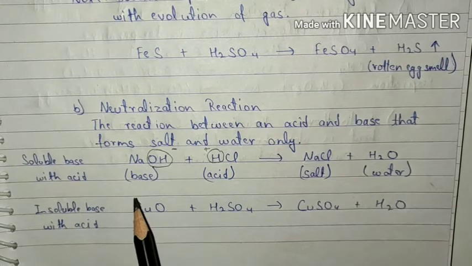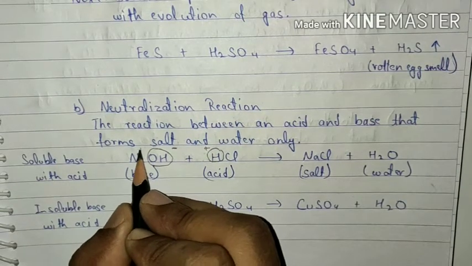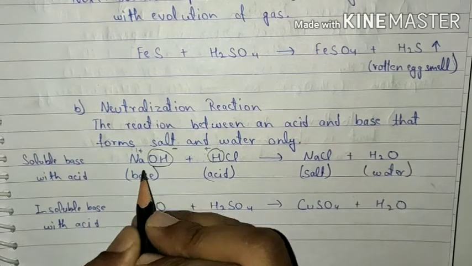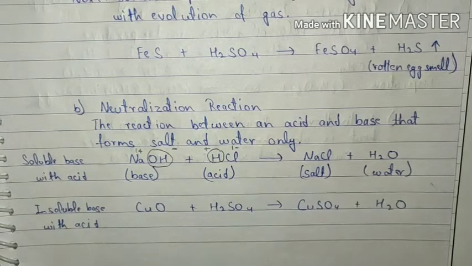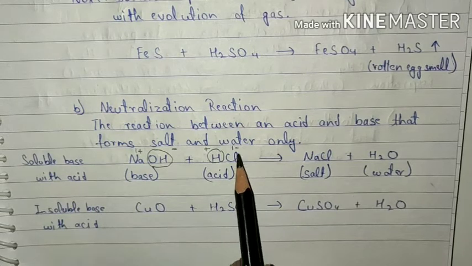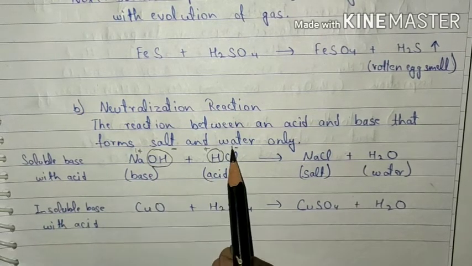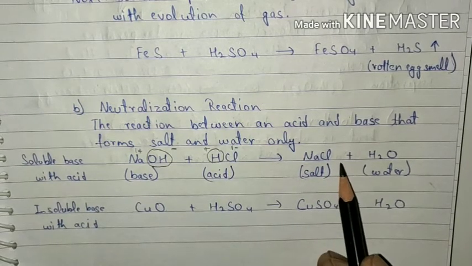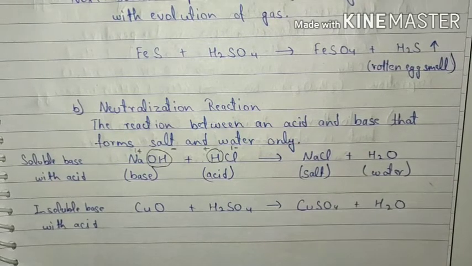Now the ions that are left over are a positively charged ion from the base and a negatively charged ion from the acid. That is, the basic radical is positively charged whereas the acidic radical is negatively charged. On combination they both form a salt, that is NaCl in this particular example. In this way the neutralization reaction is carried out.